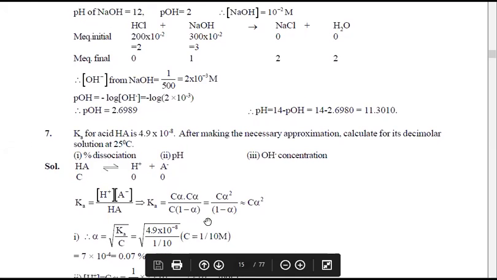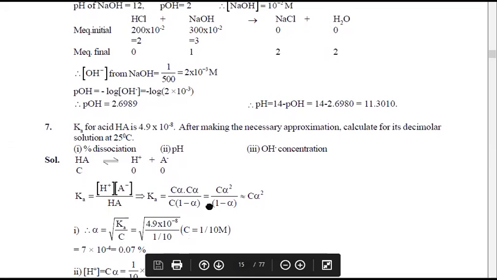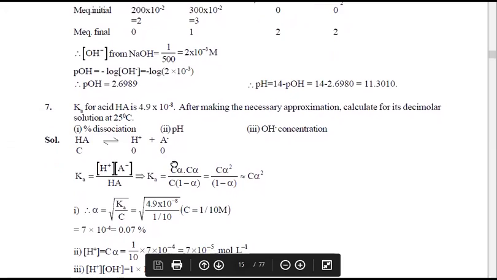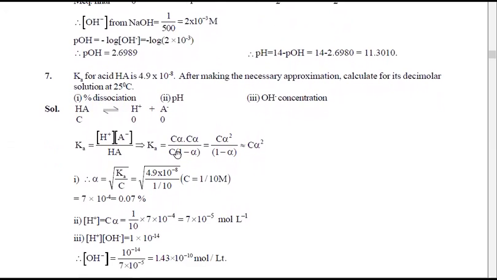Deci means 1 by 10, deca means 10. So this is just formula putting and getting. Agree, everyone? We have solved this kind of problems. Okay, very good, everyone.